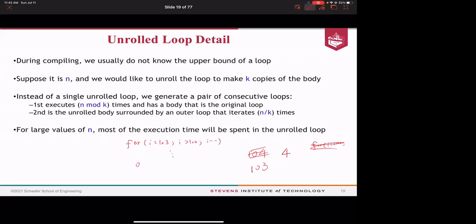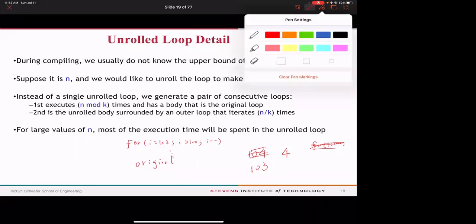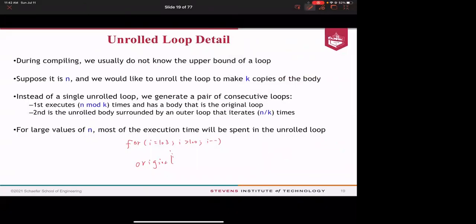This is the original loop. And then what I do is for I equals 100, I is larger than 0, I equals I subtract 4. Then I do this unrolled loop 25 times, right?